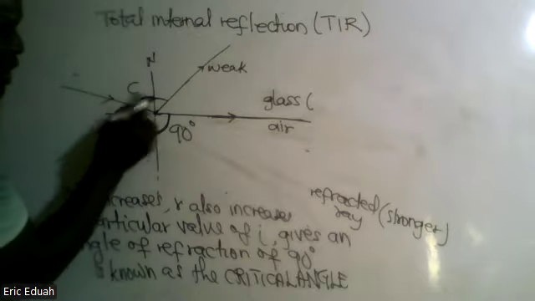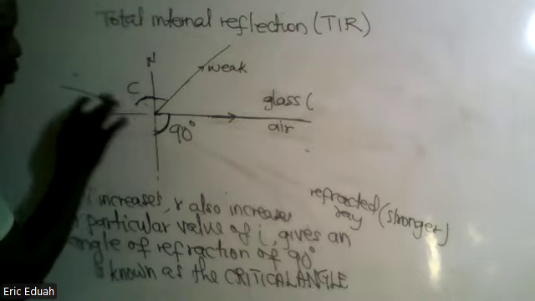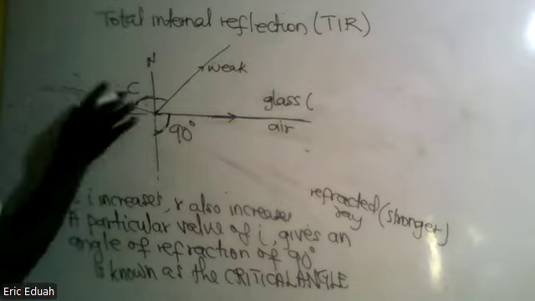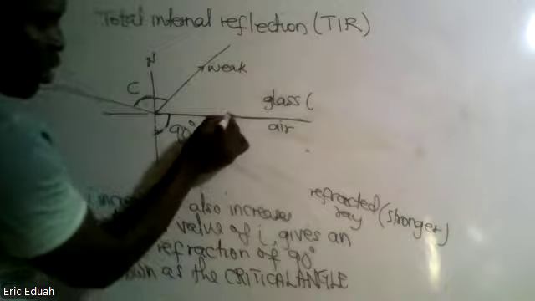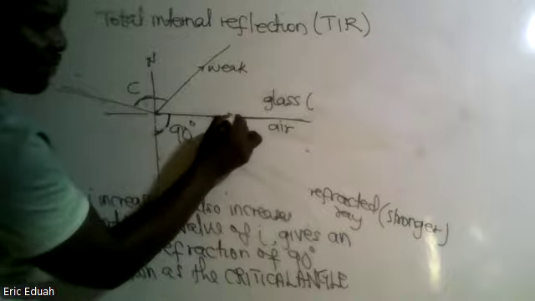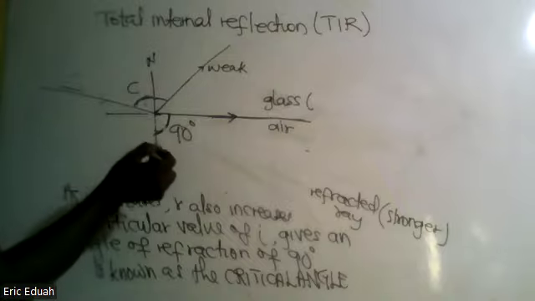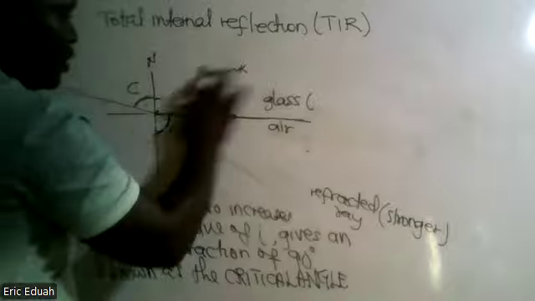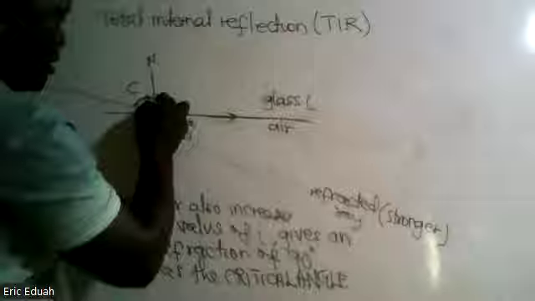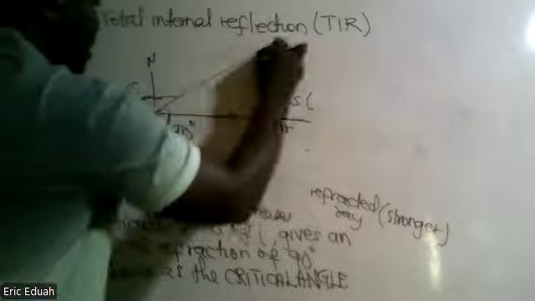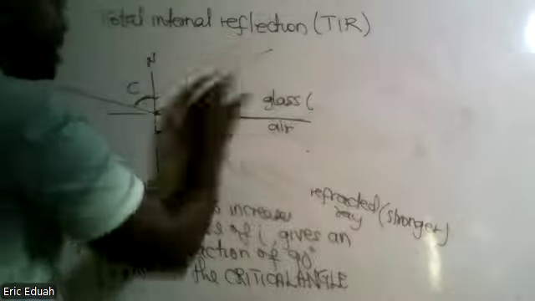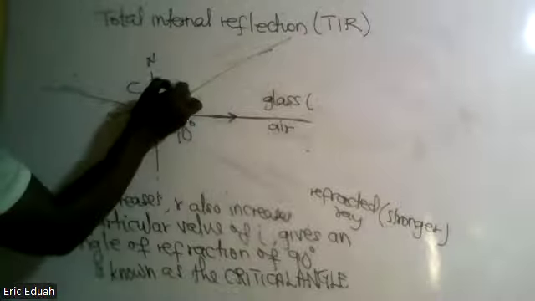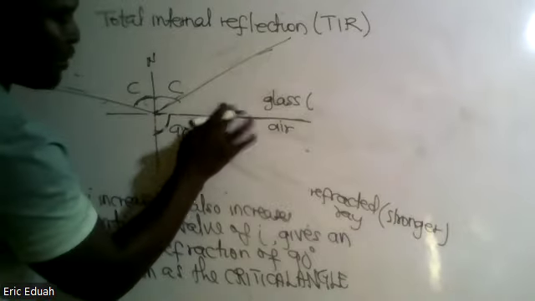After attaining the critical angle, any further increase in the angle of incidence, the moment you increase the angle beyond the critical angle a little, all the refracted rays will be reflected. So this is what we'll have. When you go beyond the critical angle, the incident light is completely reflected.